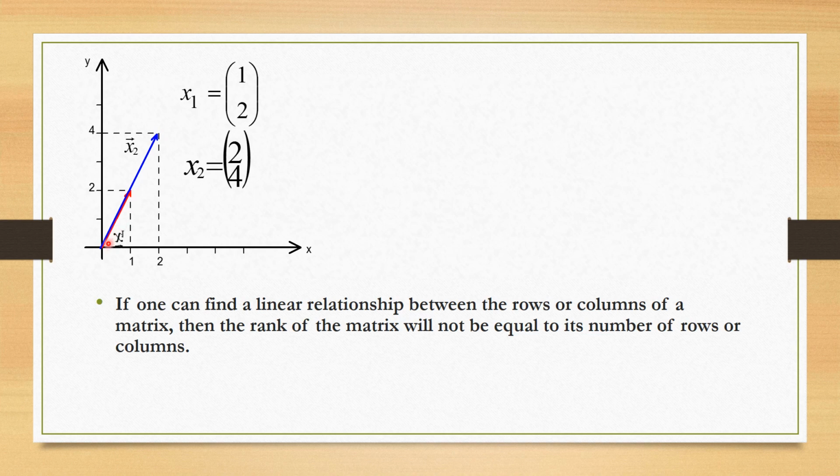In this case, determinant is 0. It guarantees the rank is not 2. Further, how to find the rank? We have to check how many such independent vectors are available. Here there is only one vector, so rank is 1.